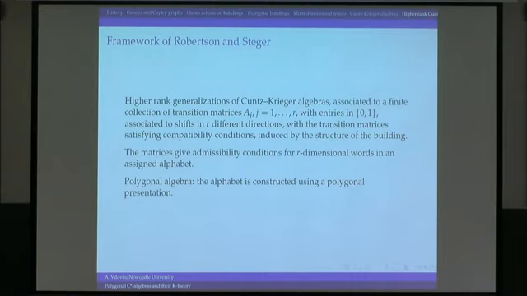But then the problem was that there were not that many known examples, and not that many sources to find such multidimensional alphabets. Their main source was the paper which I already mentioned of Cartwright, Steger, Mantero, Zappa, where there were examples of two-dimensional groups acting on two-dimensional buildings, and they had only one orbit, right?